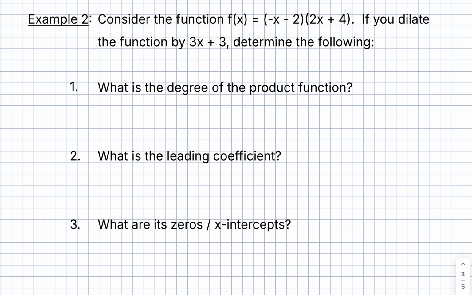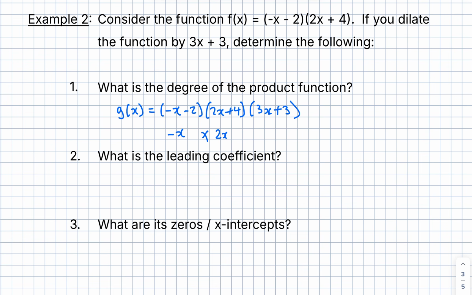Well, let's take a look at the product function. G of x is equal to negative x minus 2 times 2x plus 4 times 3x plus 3. Okay, we have a negative x over here times a 2x.